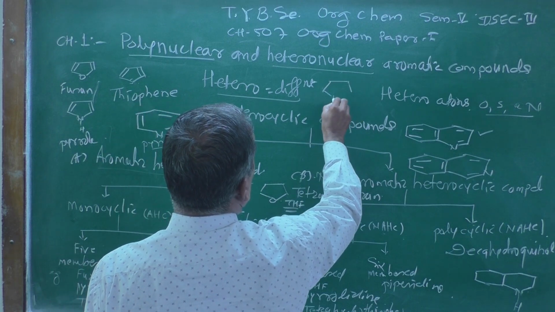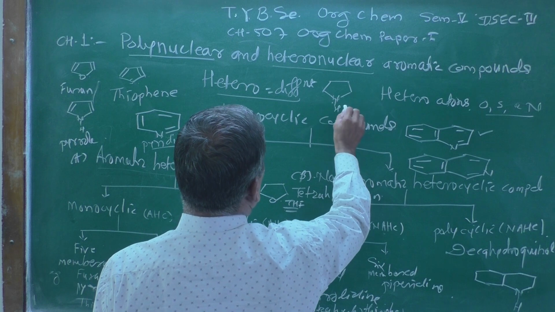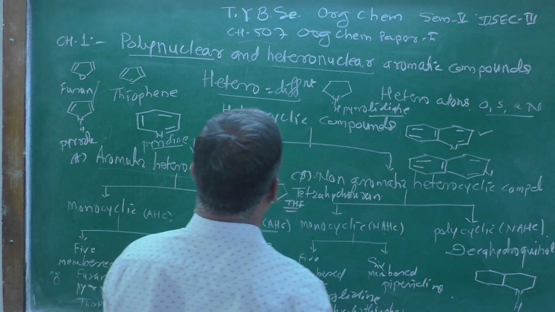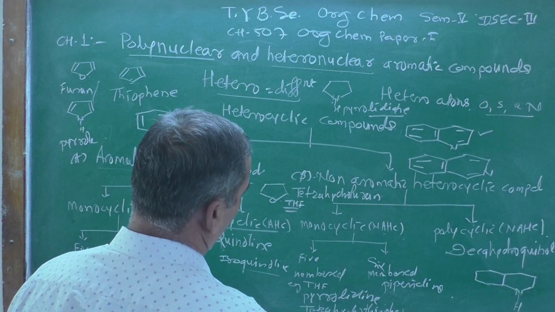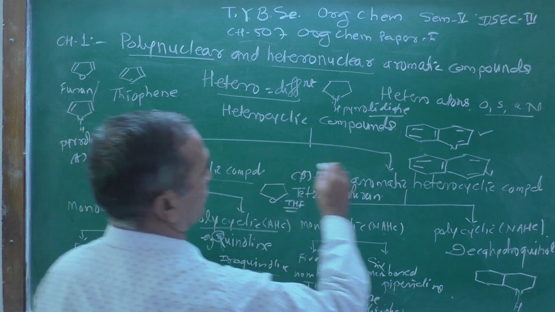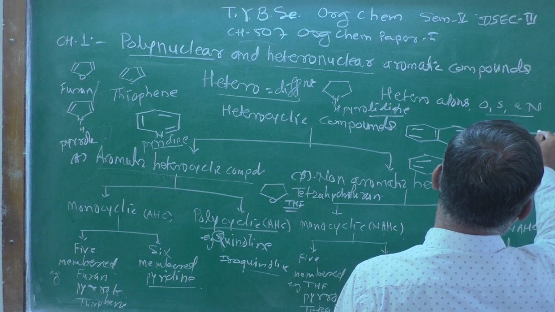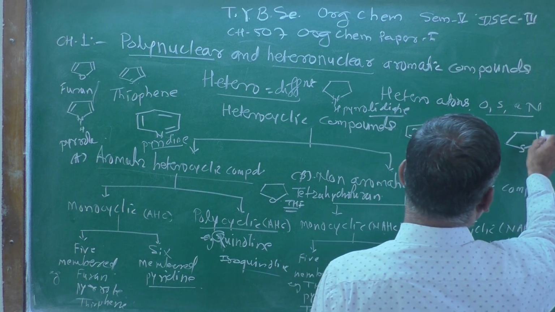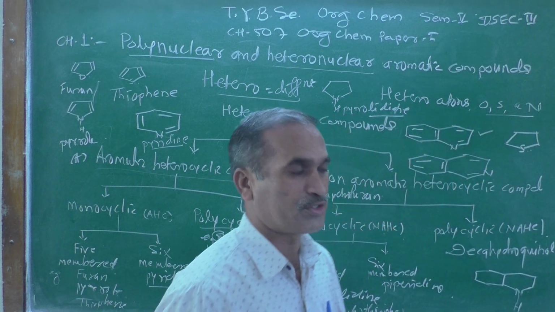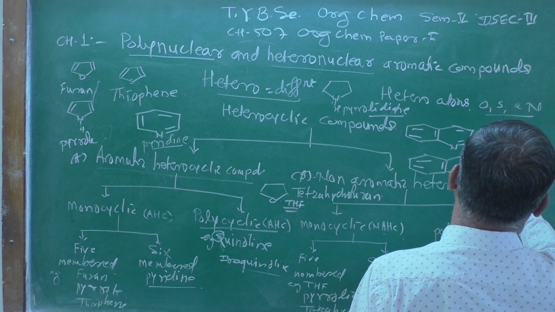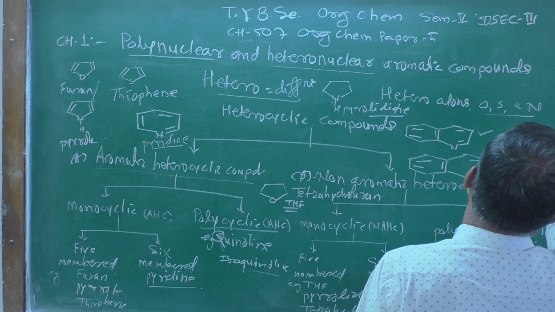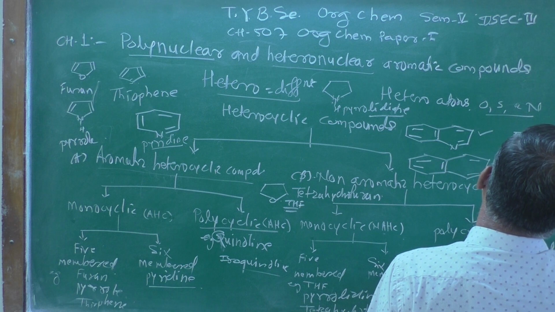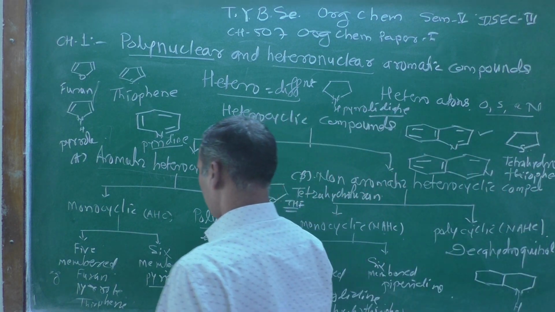And the structure of tetrahydrothiophene, which I am showing over here: 1, 2, 3, 4, there are four CH2 groups, and therefore it is known as tetrahydrothiophene.